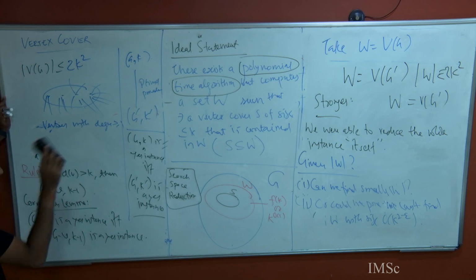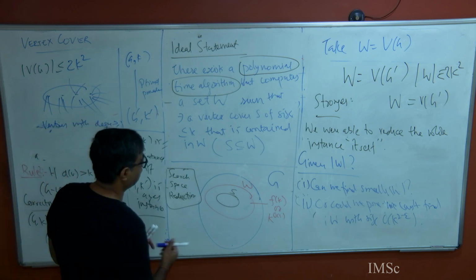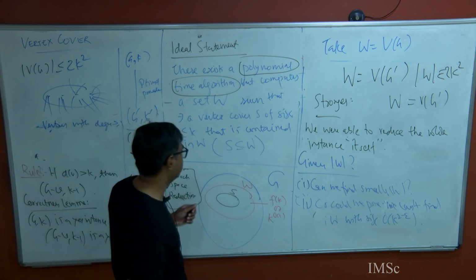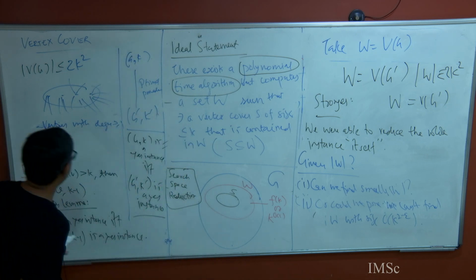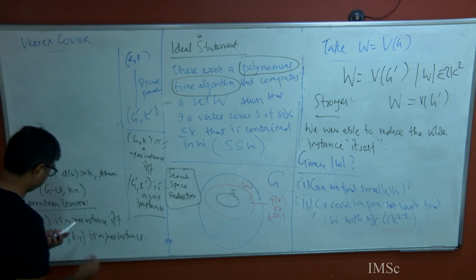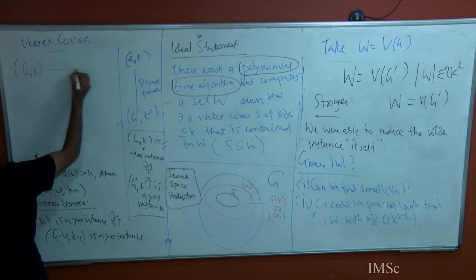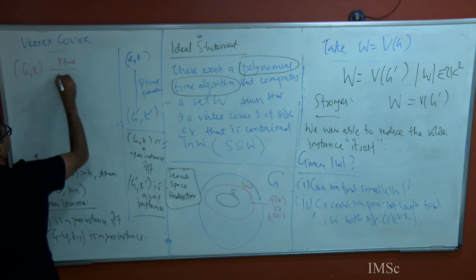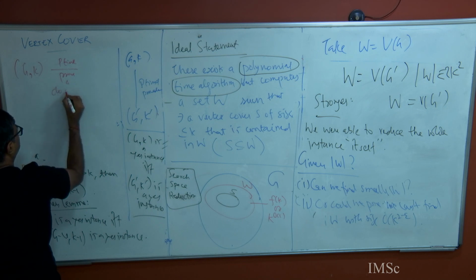So we wrote this. We did search space reduction. What does this algorithm give us? This is very simple, right? I take (G, k), apply this polytime procedure. So the algorithm is: given (G, k), apply this polytime procedure and do search space reduction.